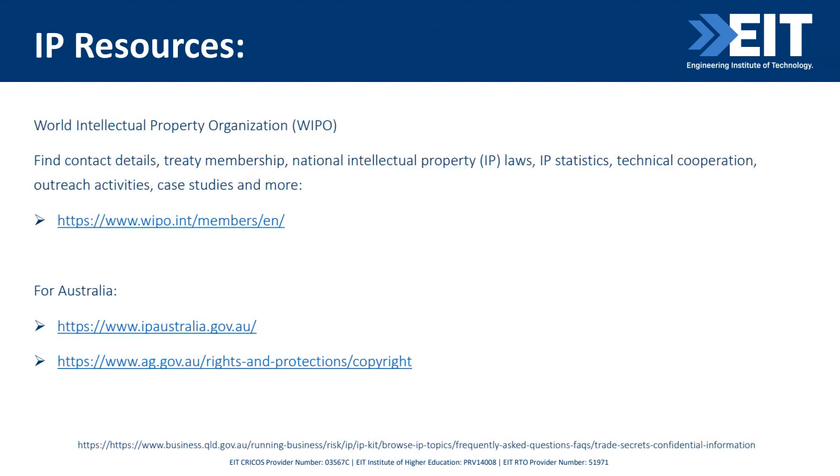All right, so that brings me to the last bit, and that is IP resources. As I mentioned, most of the information that I've covered is coming from IP Australia. That is the government agency here that works towards intellectual property rights for patents. It doesn't work for copyright. Rest of the things, they sit with them. So if you are not in Australia and if you are looking for a bit more information, this is your go-to resource.